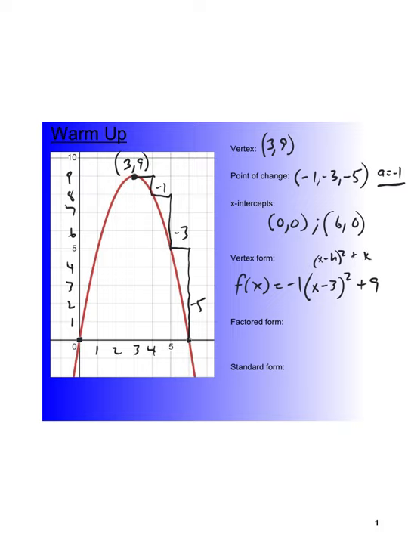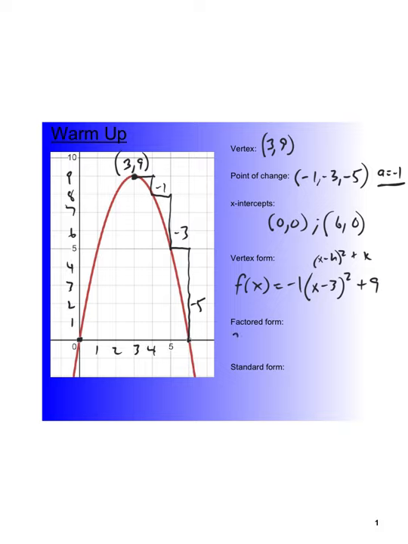Since the h, or the x value of the vertex, is positive, that just stays as a minus. So -1 times x minus 3 squared plus 9, with the -1 out front because it has an A of -1. This is opening down, meaning it's the frown rather than the smile.